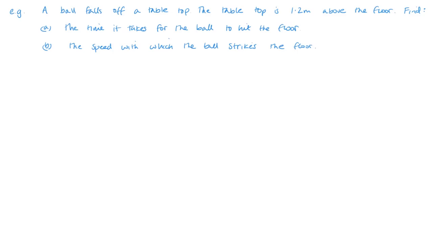And here it is. A ball falls off a tabletop. The tabletop is 1.2 meters above the floor. Find a, the time it takes for the ball to hit the floor, and b, the speed with which the ball strikes the floor. So in terms of what's happening, we've got our tabletop, and then we've got the floor.